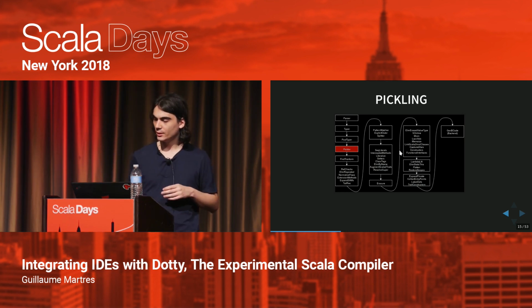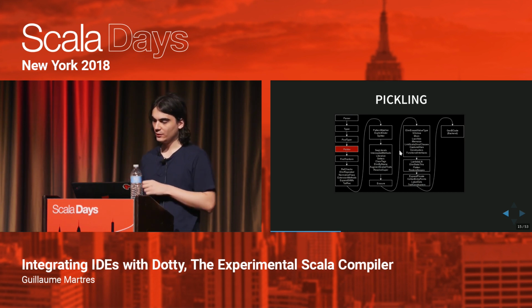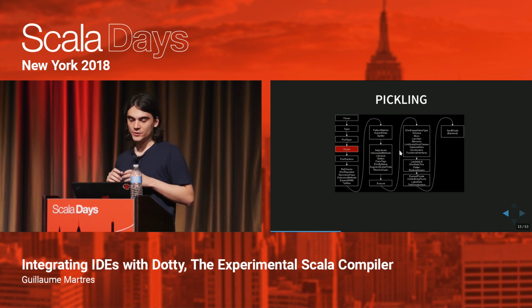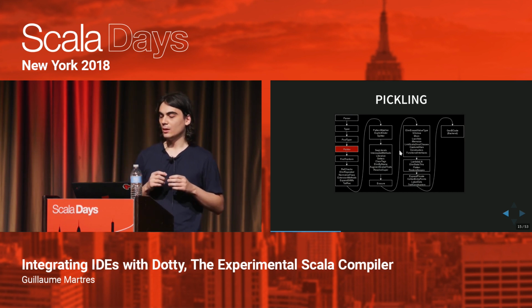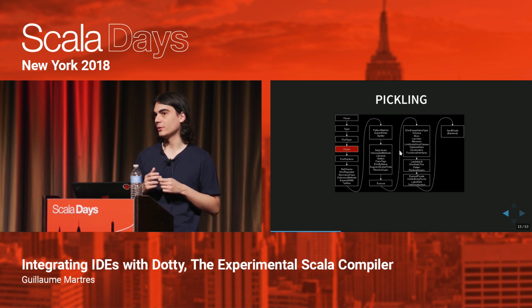So pickling is used to add some extra information that will be present in the bytecode that can be used for various purposes. In Scala 2, we store the method signatures in the pickling information. This is necessary because the bytecode we emit is JVM bytecode, which does have information about method signatures, but it's already erased information because the JVM doesn't know about type parameters.